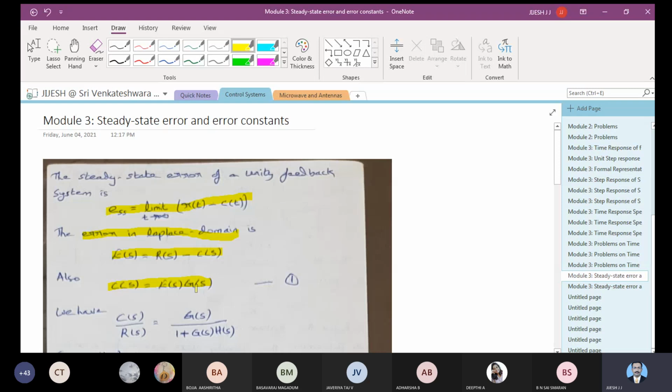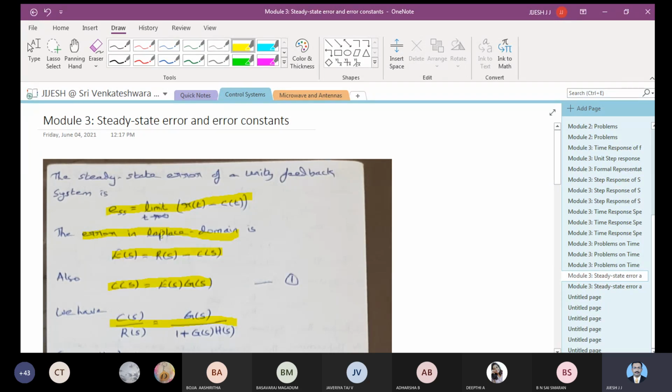We also know that for the transfer function of a first order system, C of s by R of s is equal to G of s divided by 1 plus G of s H of s. These are the equations which you have studied before, except this equation for error in Laplace domain.